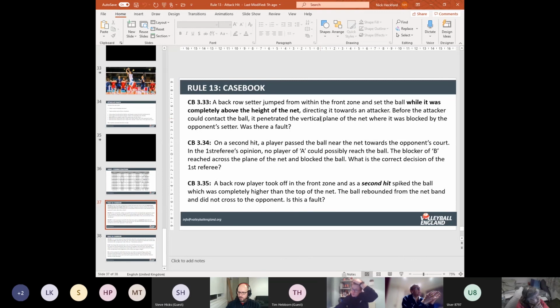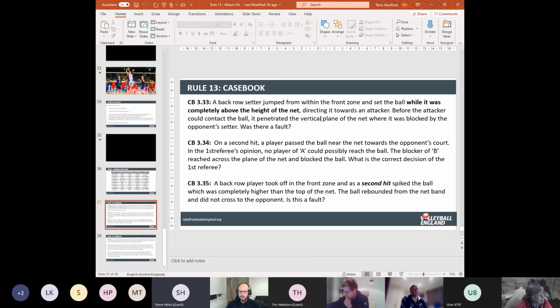So the Casebook example said it had penetrated the vertical plane of the net where it was blocked. Because it was blocked, the blocking action completes the attack hit. But the ball hasn't completely crossed the net. No, but it doesn't have to for a block, does it? Because you're allowed to block the ball in the opponent's space.